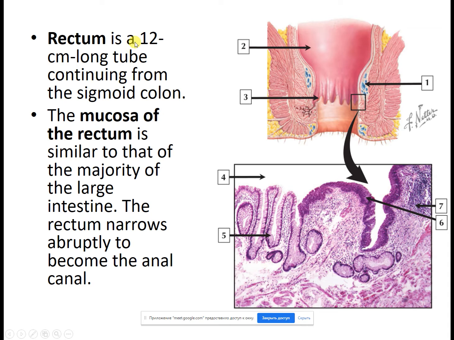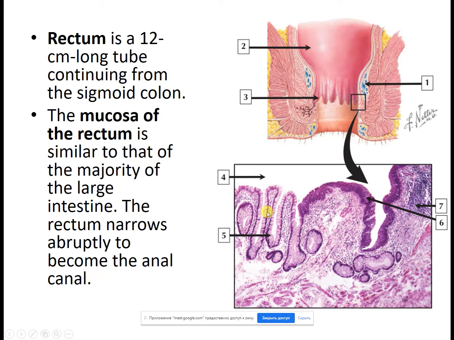Then finally, let's talk about the rectum. The rectum is a 12 centimeter long tube. The mucosa of the rectum is similar to that of the majority of the large intestine. The rectum narrows abruptly to become the anal canal. Here I want to draw your attention to the distinction between the epithelium of the colon and the epithelium of the skin, and it changes pretty abruptly.